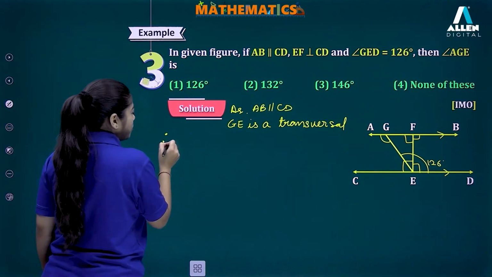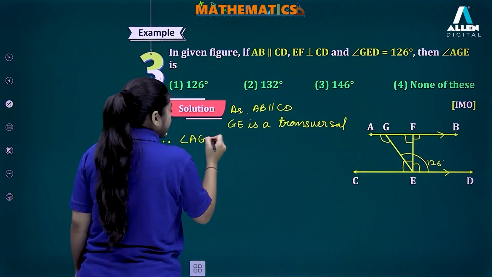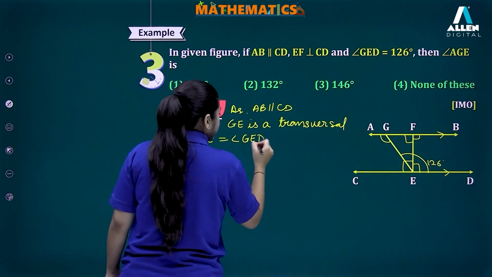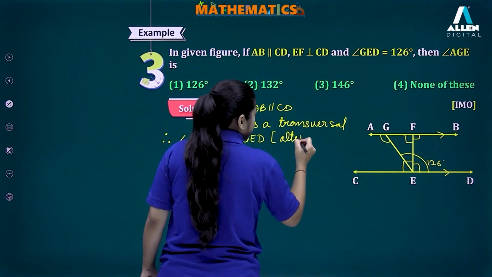Therefore, we can conclude that angle AGE, that is what we need to find, will be equal to angle GED. And what is the reason behind it? It is alternate angles.